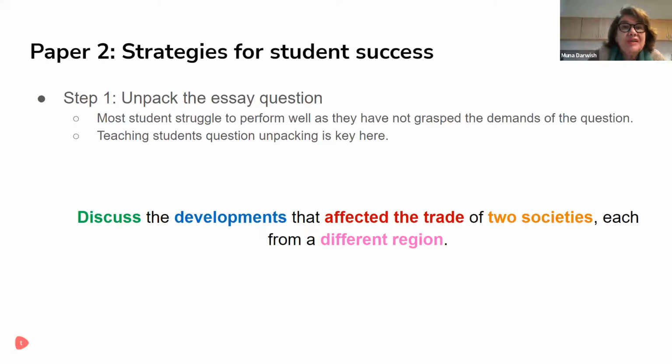Also, they have to understand the implications of the command words used by the question. For example, here we have: discuss the developments that affected the trade of two societies, each from a different region. This kind of requirement reflects itself in all the topics of paper 2.